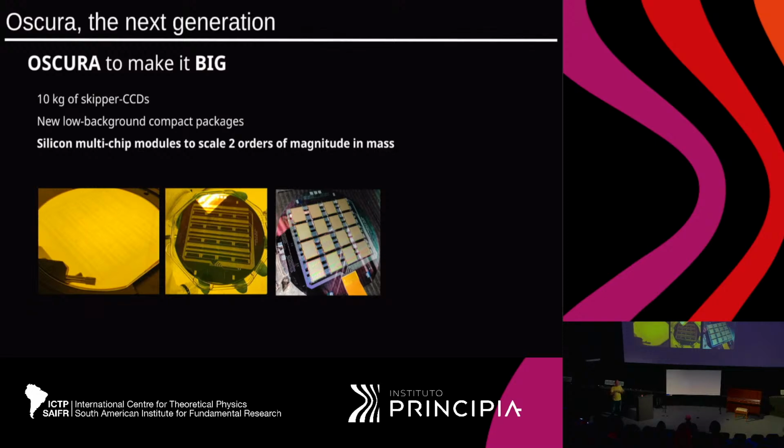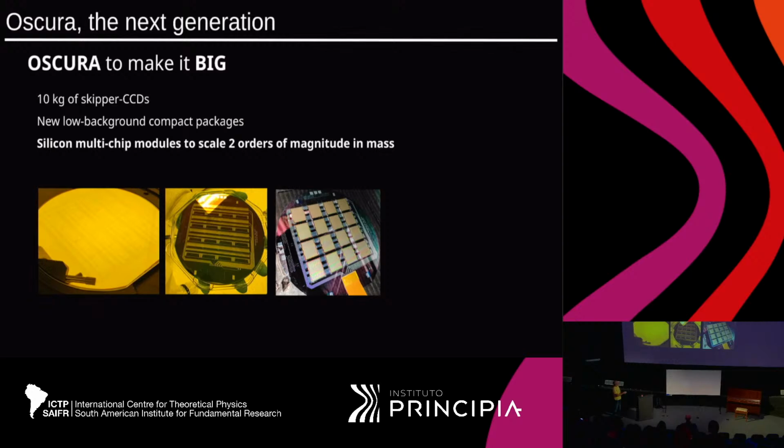So far, the results that have been published are on the scale of a few grams, but the goal of the DAMIC-M experiment is to have within a few years a kilogram scale detector. So that is the intermediate jump that we are doing, but this is what's coming in the longer term: a 10 kilogram experiment with thousands of CCDs together.